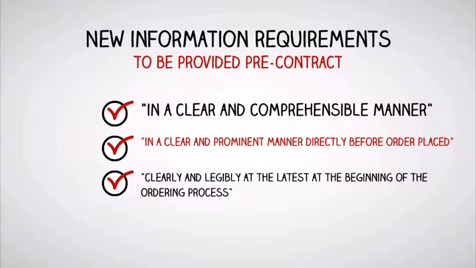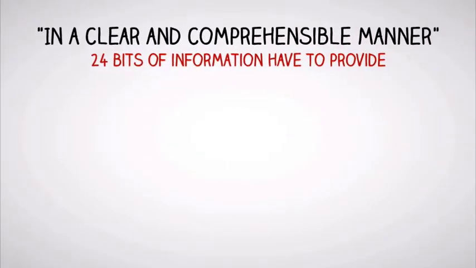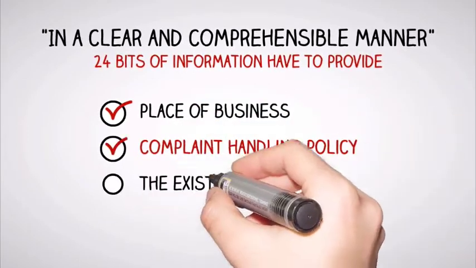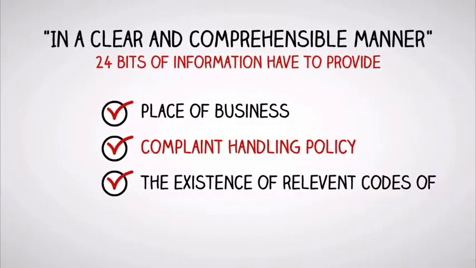So the first area there was that you had to provide information in a clear and comprehensible manner. And there's actually 24 bits of information that you have to provide to your customers before they enter into the contract. And that includes things like your place of business. Now this is a new change that has come in with the new law.